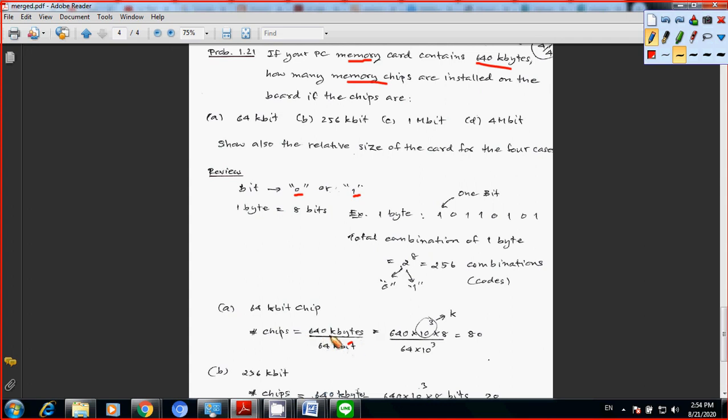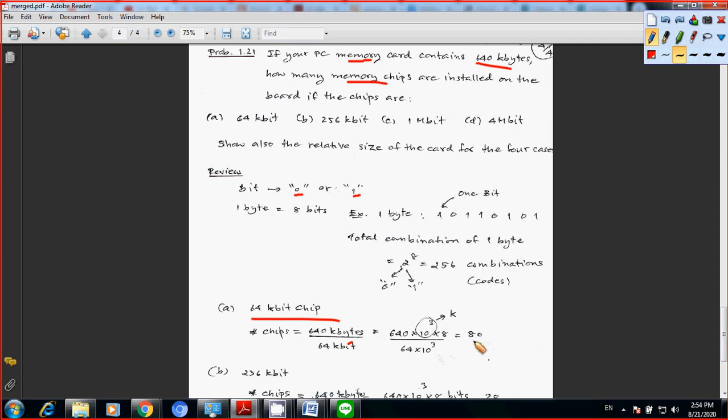You multiply by 8 to make bits, because 1 byte equals 8 bits. You divide by 64. K is 10 cubed. So that gives you 80. That means you need 80 memory chips if chips have a memory of 64 kbit.